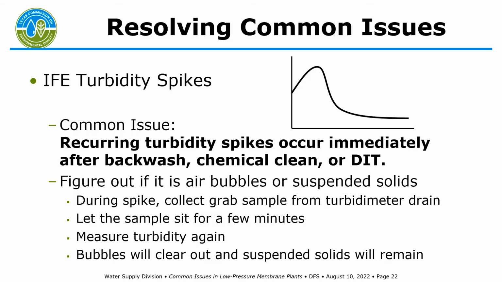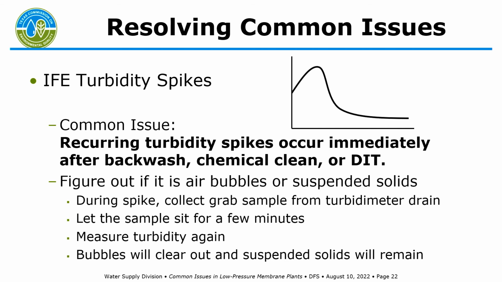The next one, this is one of my favorites, not because it's bad, but because it's interesting, is if you have recurring turbidity spikes during your membrane filter operation, and those typically happen right after a backwash, a chemical clean, a DIT, or some other process.